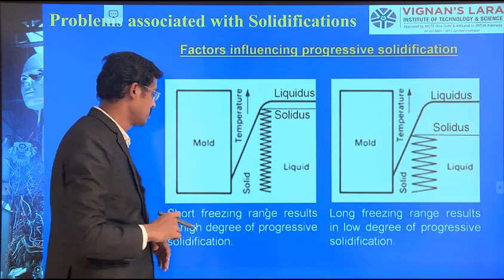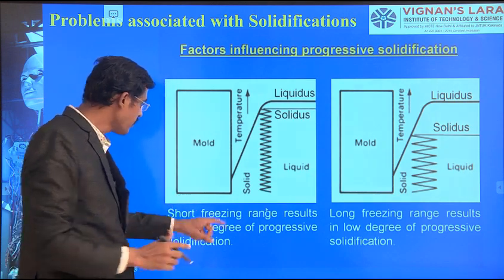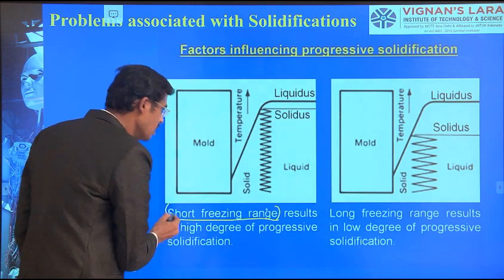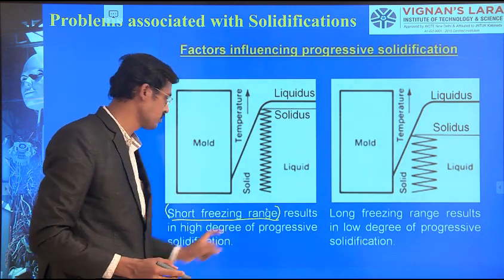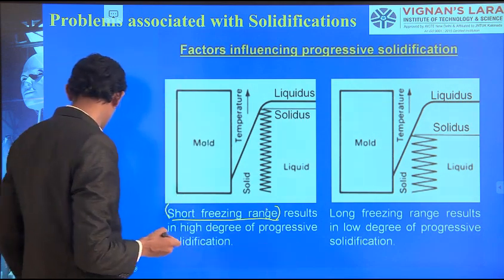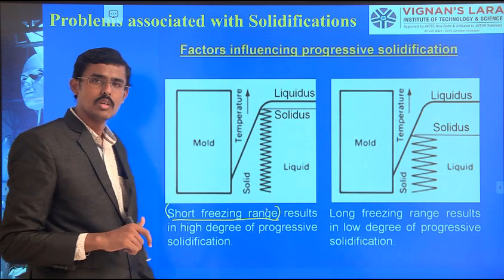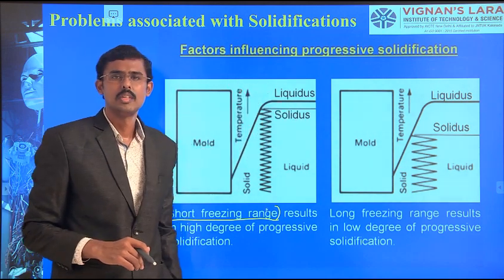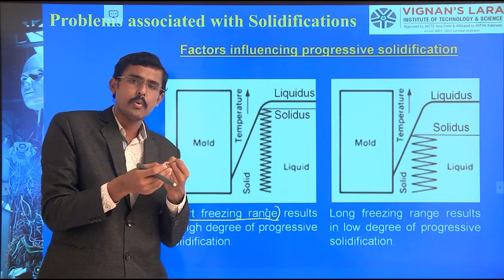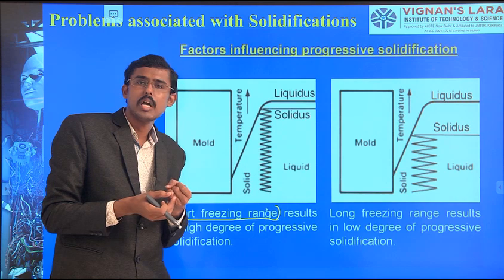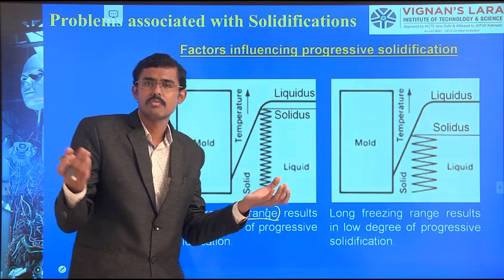We know these points. So now the second point, short freezing range. A short freezing range results in a high degree of progressive solidification. What is a short freezing range? I have taken two materials, aluminum and magnesium, with melting points of around 660 and 650 or 640, like that.